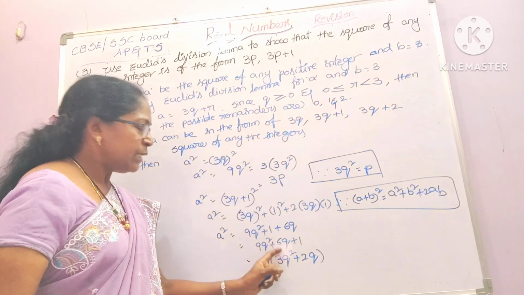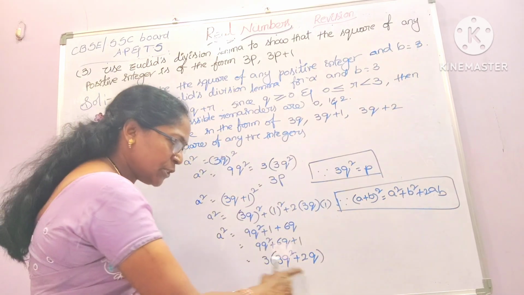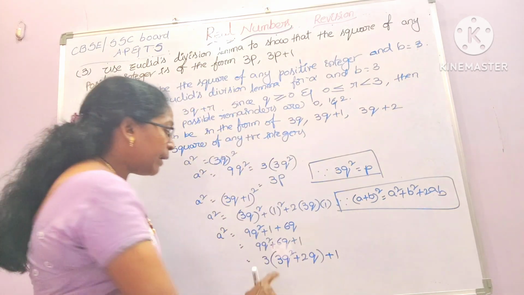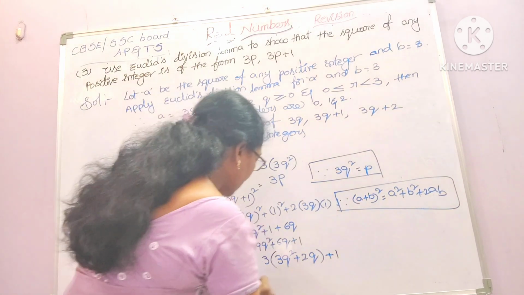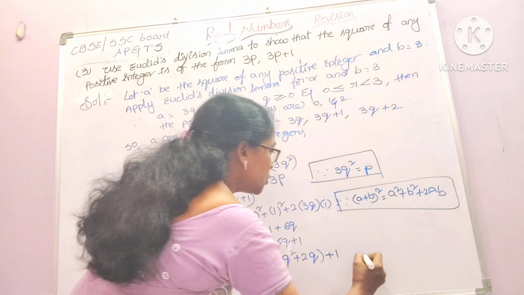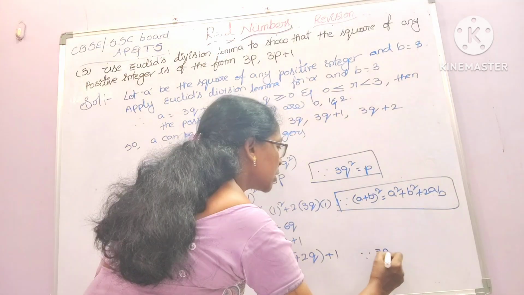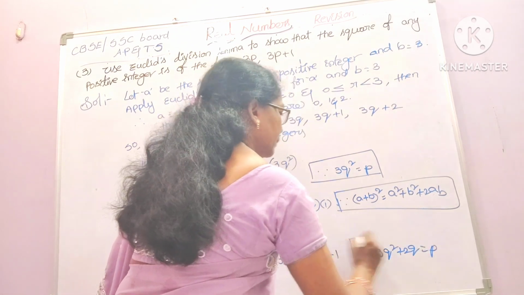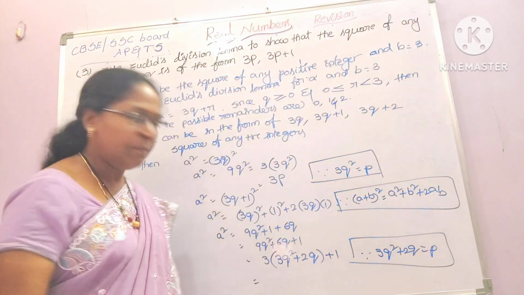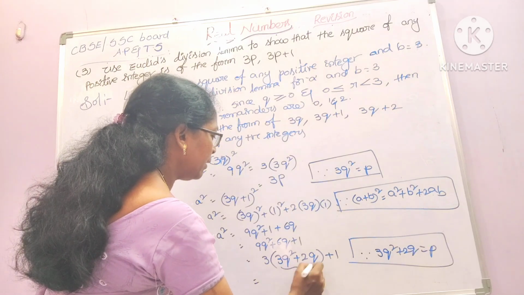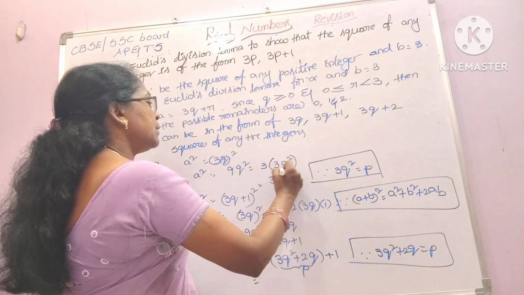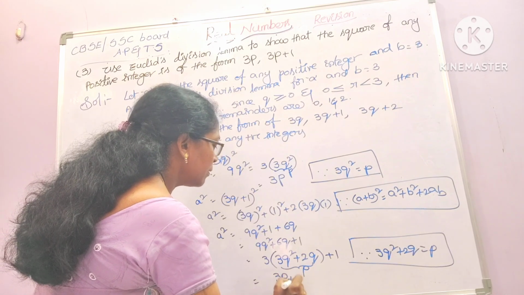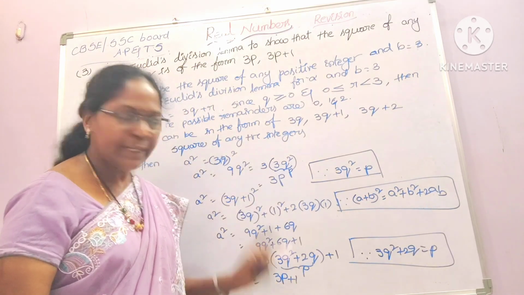Only in those 2 terms is 3 divisible, so you take it as common. Plus 1 you write separately. Now this entire thing you have to assume as p. So since 3q square plus 2q equal to p, here also this entire thing I assumed as p. So 3p plus 1. Got it?